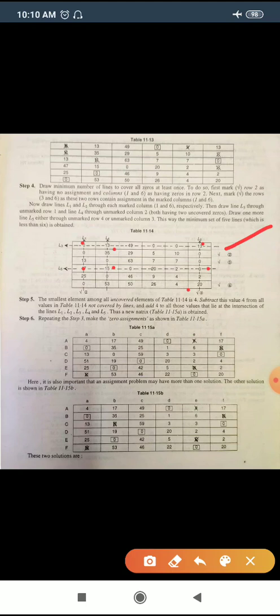So we add 4 at these intersection points, and from the uncovered cell values we subtract 4 from each value, and the values under the lines remain the same. For example, 49 is the same as 49, 0 is 0. Here we subtract from these: 9 minus 4, 26 minus 4, 4 minus 4, 4 minus 4, and at the intersection points we add 4. So the next table is this.